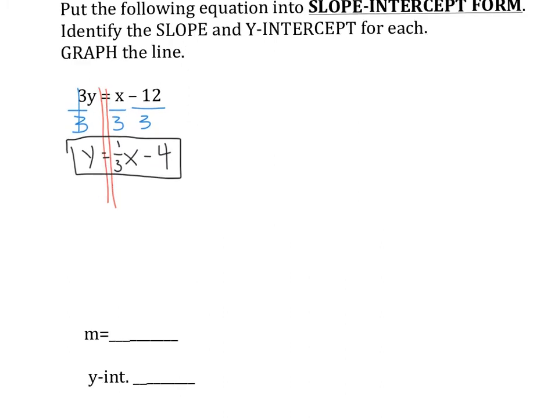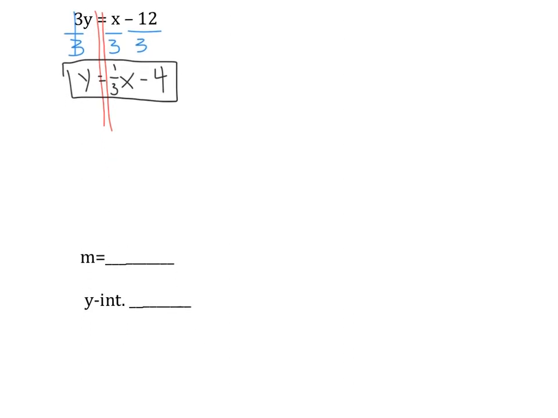I can use the information in the equation I created. My slope is always the number being multiplied by x, 1/3, and my y-intercept is this b number over by itself, and in this case it's -4.